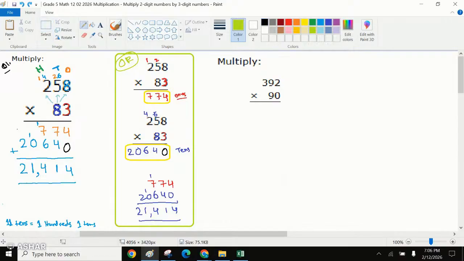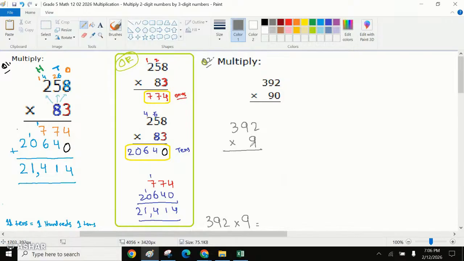Because we know that whenever a number is ending with a 0, can this be written as 392 multiplied by 9? Agreed? And we put the 0 at the end. So we can write 392 multiplied by 9.